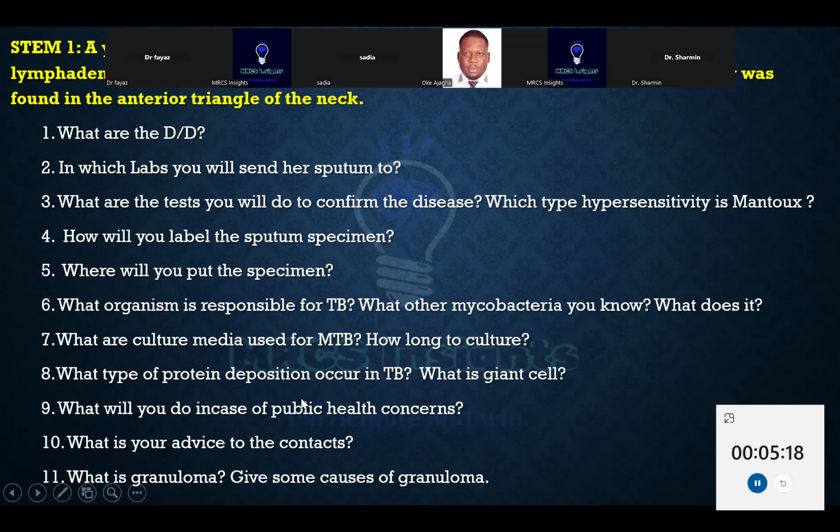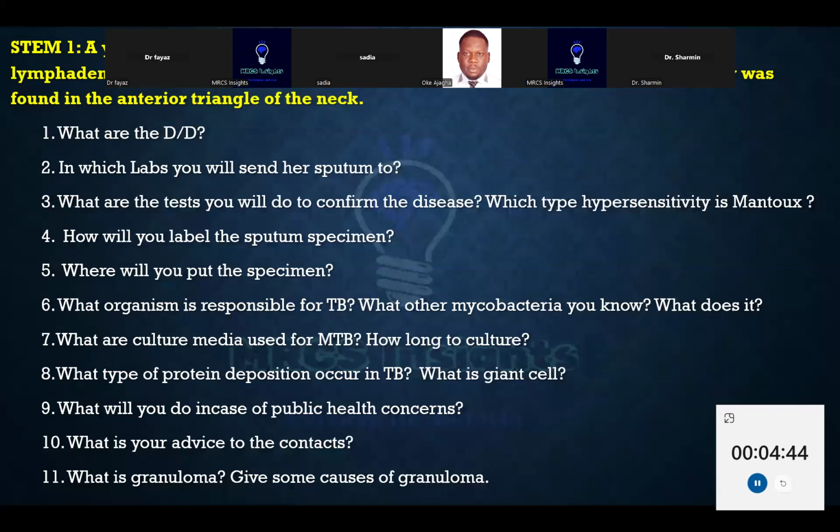Okay, Langhans. What will you do in case of public health concerns in tuberculosis? I would notify the consultant in communicable disease control, and advise the patient to avoid working in a food factory, to wear a mask while coughing and sneezing, and to take anti-tuberculosis drugs with directly observed therapy.